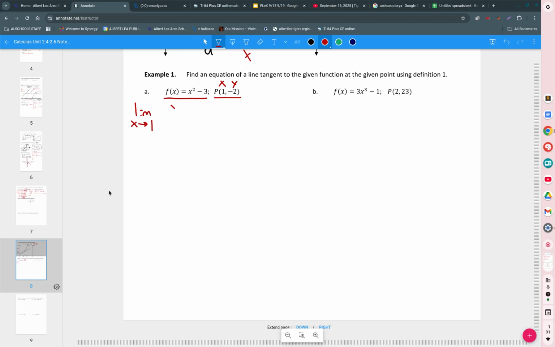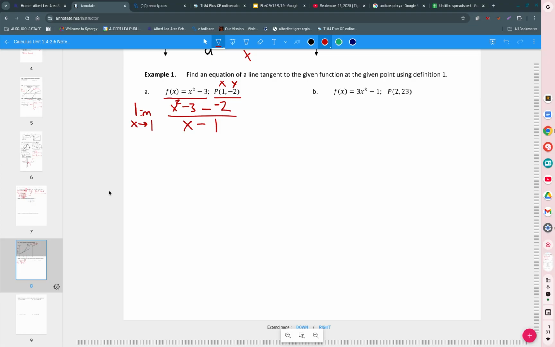Of the function x squared minus 3 minus negative 2 divided by x minus 1. So I have the function minus the y value divided by x minus the x value.